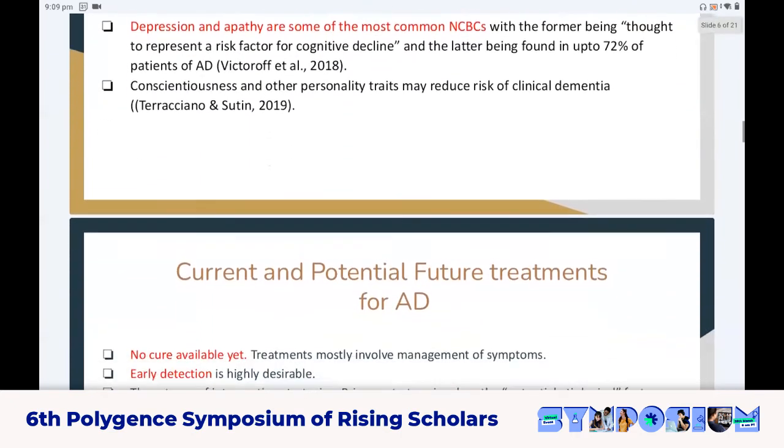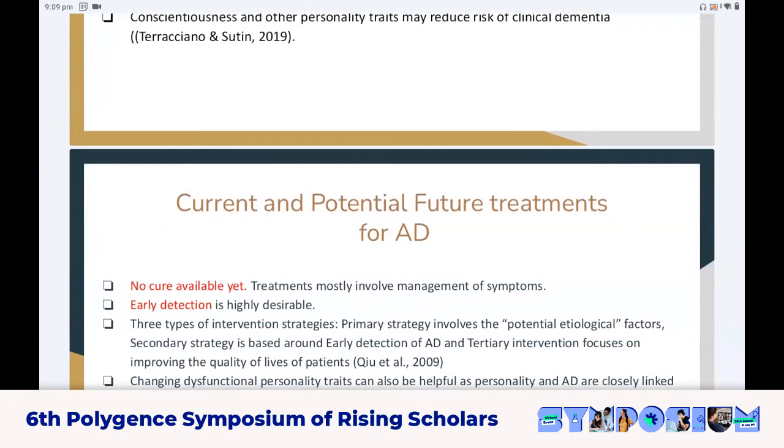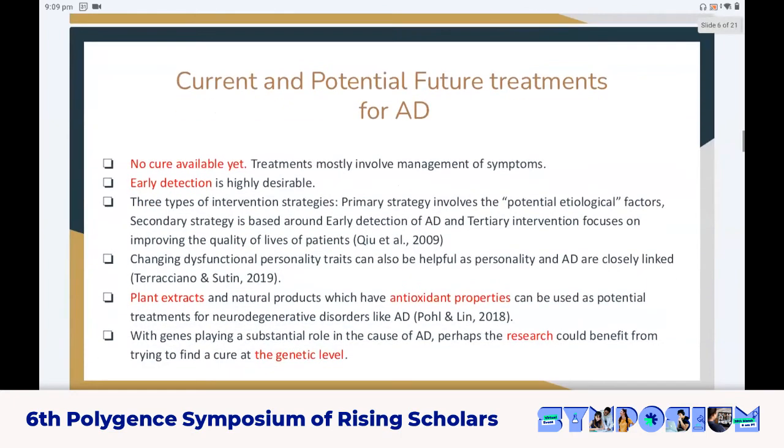Unfortunately, there is no cure available yet for Alzheimer's disease, and the treatments mostly involve management of symptoms. So early detection is the key. A paper in 2009 described three types of strategies that could potentially be used in Alzheimer's disease: primary, secondary, and tertiary.